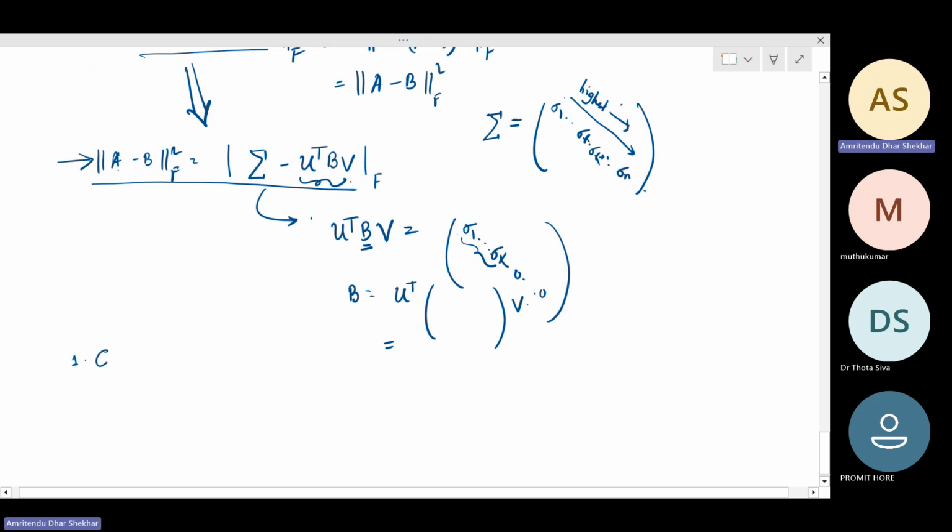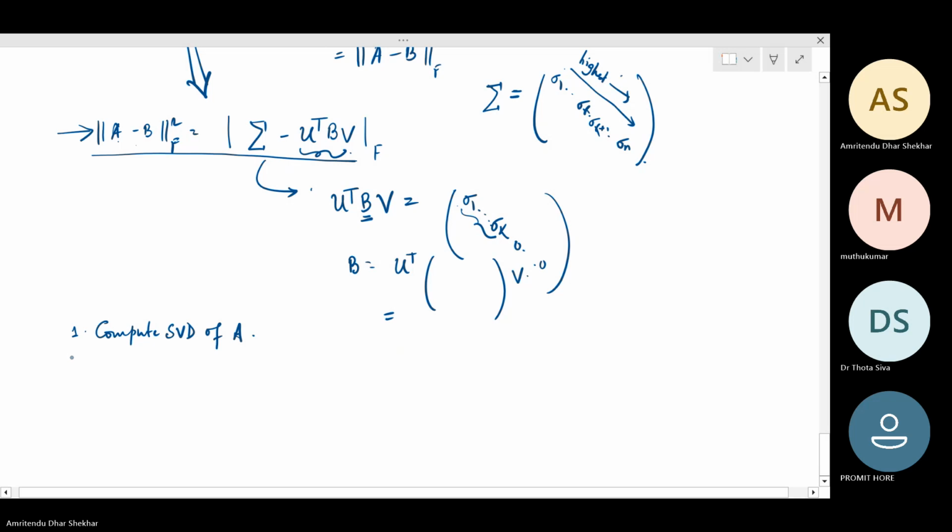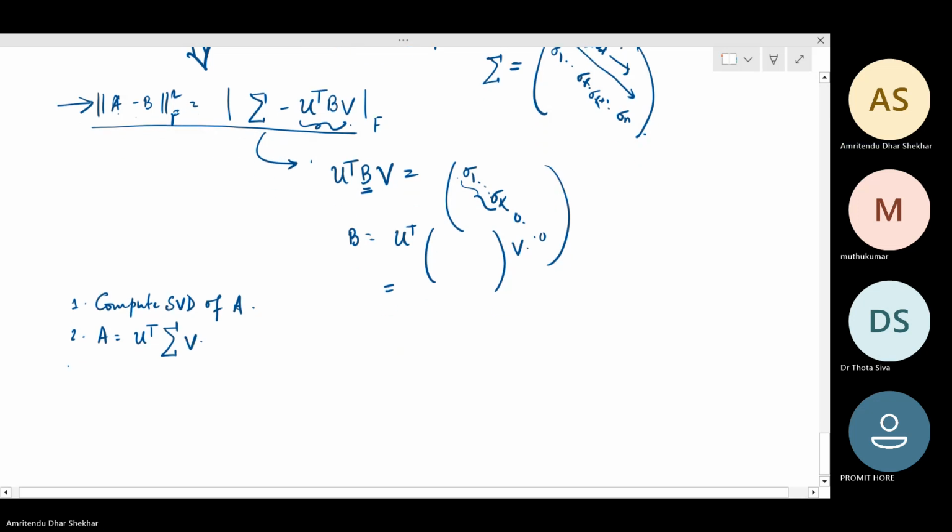Compute the SVD of A. Let A equal U sigma V transpose. Set B to be equal to U sigma K V transpose, where sigma K is this matrix.